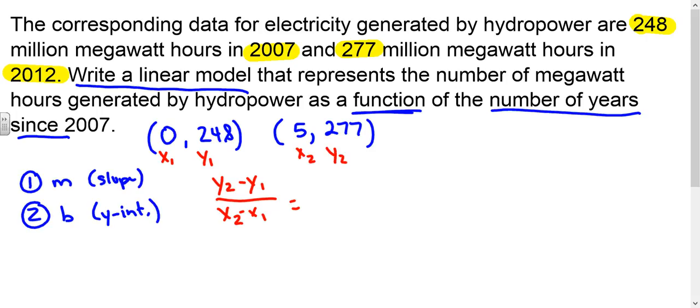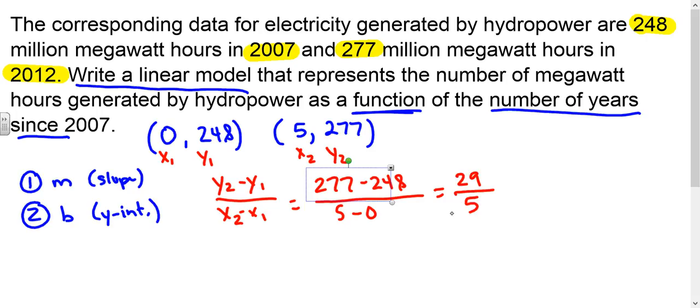So I have 277 minus 248 over 5 minus 0. 277 minus 248 is 29, and 5 minus 0 is 5. Unfortunately, this cannot be reduced, but you can turn it into a mixed number, but we don't really like mixed numbers. We want our slope in rise over run format, so we're just going to leave it as an improper fraction. So that's our m.